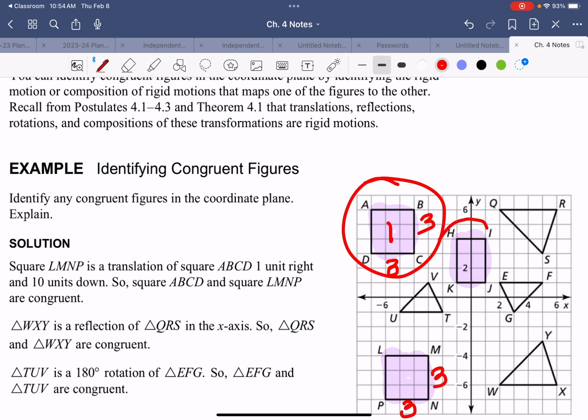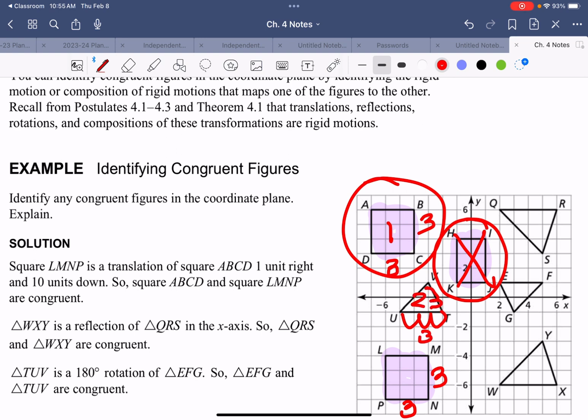Now, I also can come here to this one. This is a rectangle. It has 2 pairs of opposite sides that are congruent. It has 4 right angles, but the length and the width are different. So this one does not have one it's congruent with. Okay? Now, I'm going to do the same thing with the triangles. I'm going to look at the triangles, and I'm probably going to go, okay, this one has a length of 3 and a height of 2.